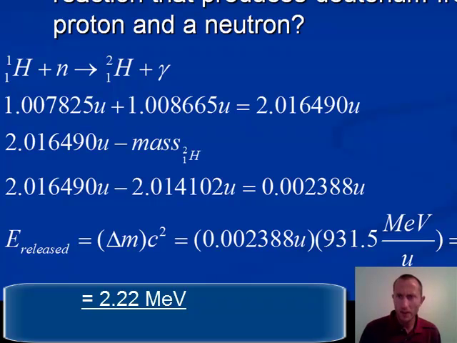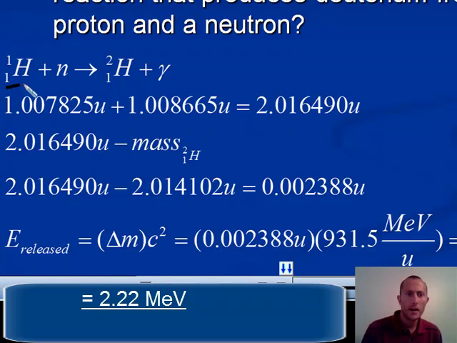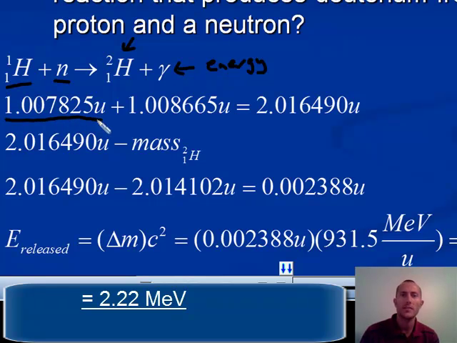And so, looking at our reaction here, our hydrogen nucleus and our neutron, here's our product, our deuterium, plus this is just energy. And so, if we look up our masses, a hydrogen nucleus, which is just a proton, has a mass of 1.007825 atomic mass units. The neutron, and you might remember that the neutron is slightly larger, and this can be seen here.